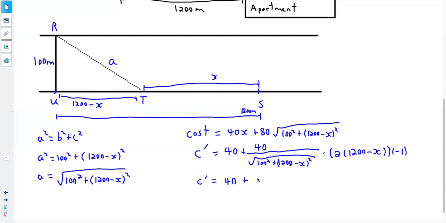So I've got -80 times (1200 minus x) over our square root of 100 squared plus (1200 minus x) squared.